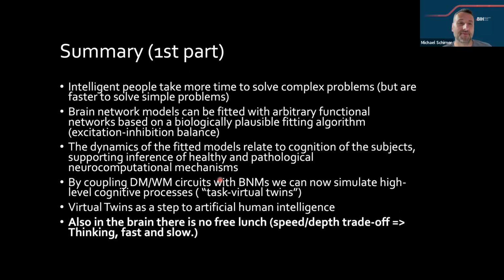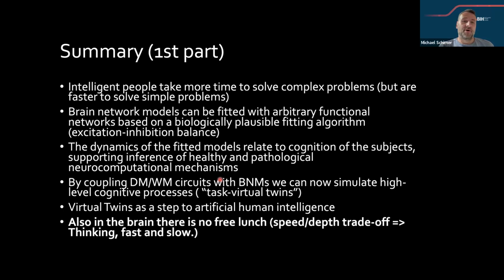So, my last slide to wrap this up, the summary of the first part of this lecture. Intelligent people take more time to solve complex problems, but are faster to solve simple problems, as was long known. Brain network models can be fitted with arbitrary functional networks based on a biologically plausible fitting algorithm, the excitation-inhibition balance.